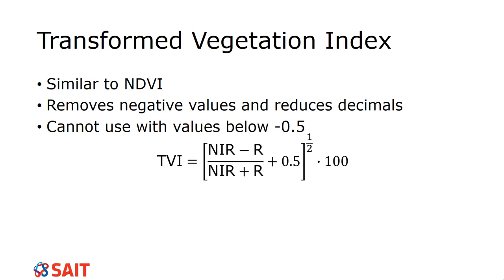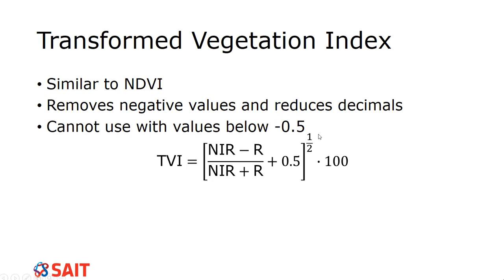But you cannot use the TVI for any values below negative 0.5. So if you do have values below negative 0.5, you have to mask them out. I'm not showing that in this class, but you apply a mask to it. It gets rid of those points, and then you can apply this TVI.